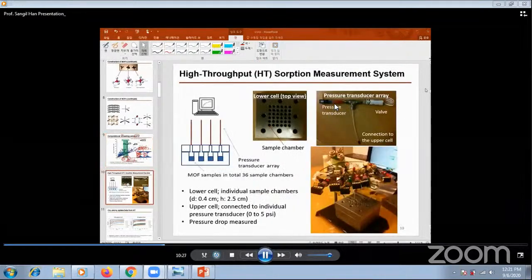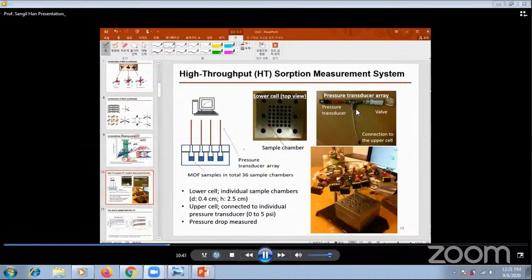This slide shows the developed high throughput sorption measurement system. It is composed of three different parts: the lower chamber and the upper chamber.